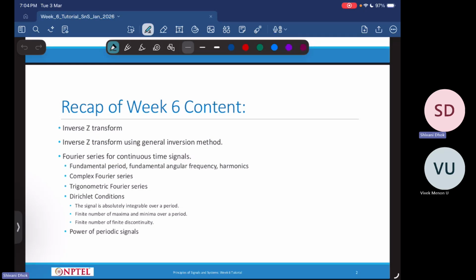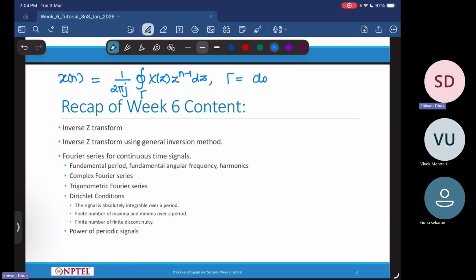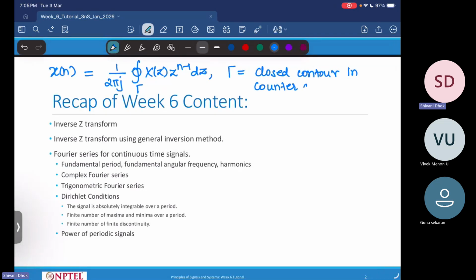So we first started with inverse Z transform. We saw the actual expression for inverse Z transform, which is a contour integral over a contour gamma of x of z into z to the power n minus 1 dz, where this gamma is a closed contour in the counterclockwise sense, and it encloses all the poles of z to the power n minus 1 into x of z.